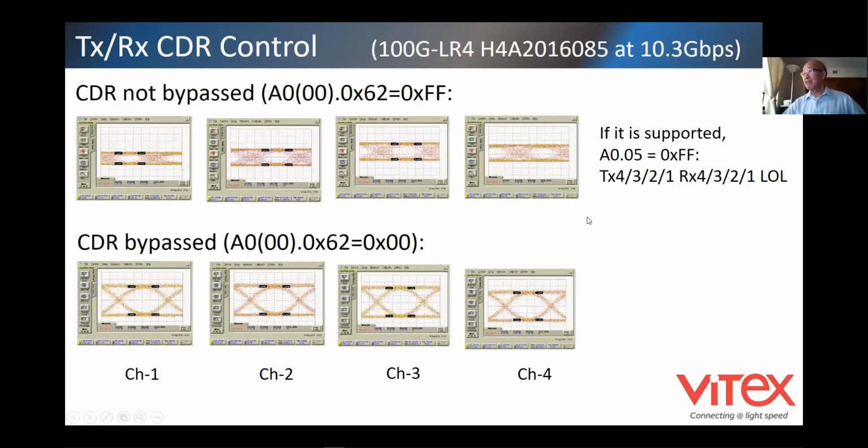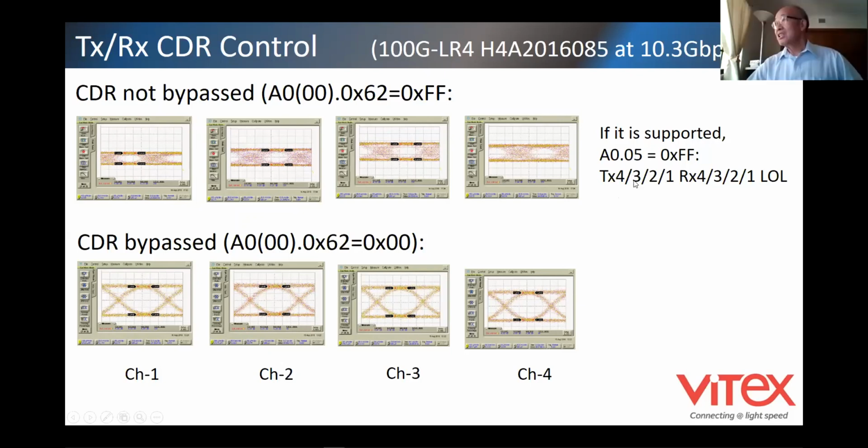One is to check if this function is supported, and there is an MSA register to check it. Secondly, you need to change the 62 hex register into 00. Immediately, you can see the loss of lock of the CDR. See, I just put it here this morning. I just realized that in order to explain, I had better use this statement here.